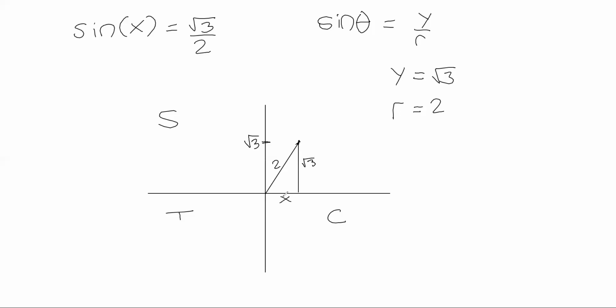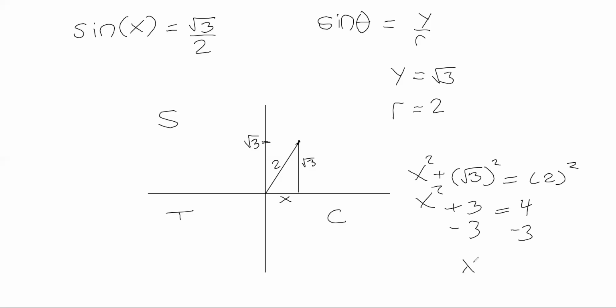If we don't know what x is, we can just do x squared plus square root of 3 squared equals the hypotenuse squared. So x squared plus 3 equals 4. Then we subtract 3 from both sides. We get x squared equals 1.